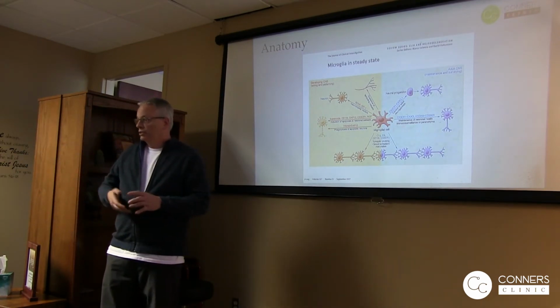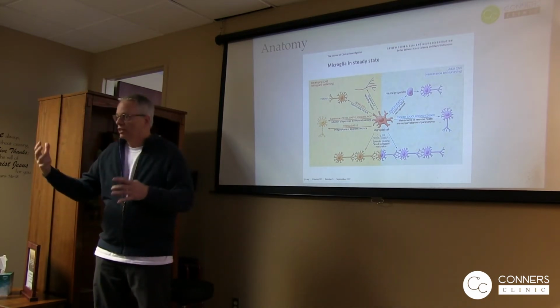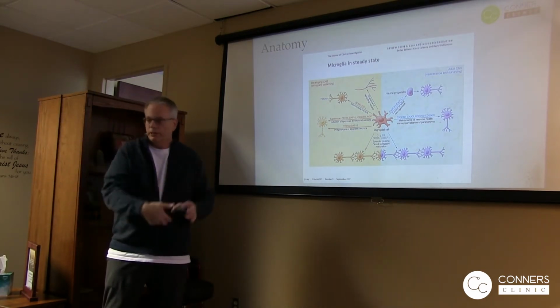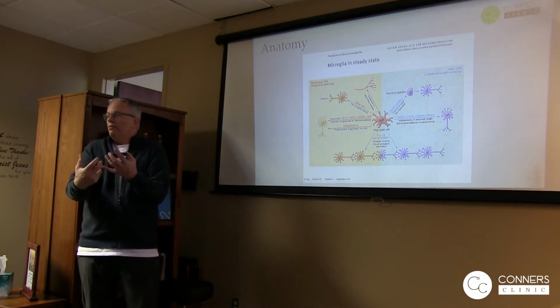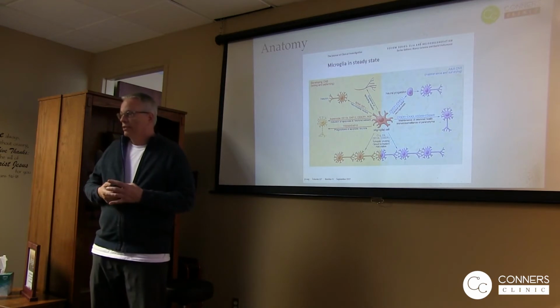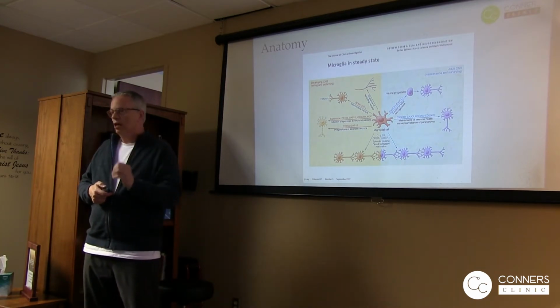That's called phagocytosis. So they phagocytize different amoebas and parasites and pathogens and bacteria and viruses. They wrap around those things and digest them. That's what macrophages do. That's what microglial cells are to the brain.